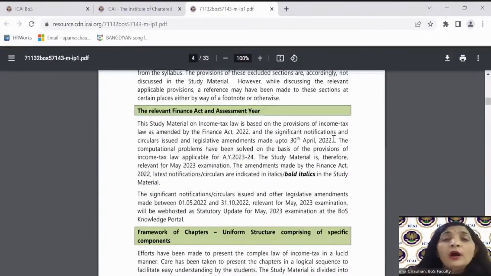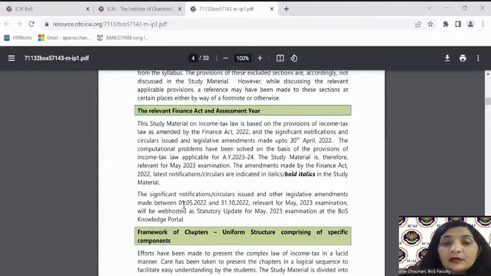So here what you do? In the statutory update, you have to check the amendments made by way of circulars or notifications, which we are going to provide. If you read the second paragraph of this page, it says the significant notifications, circulars issued and other legislative amendments, like taxation amendment bills, made up to 30th of April 22.